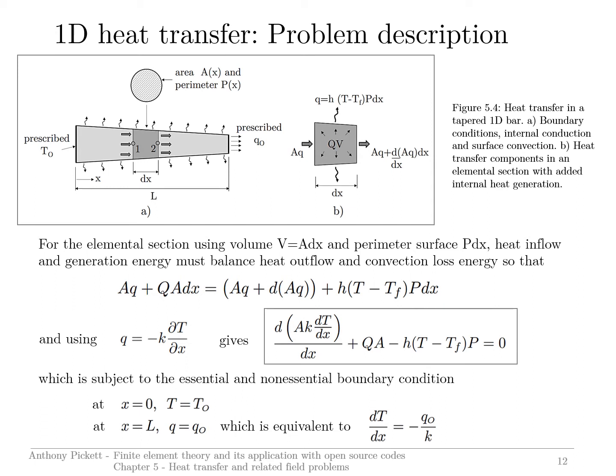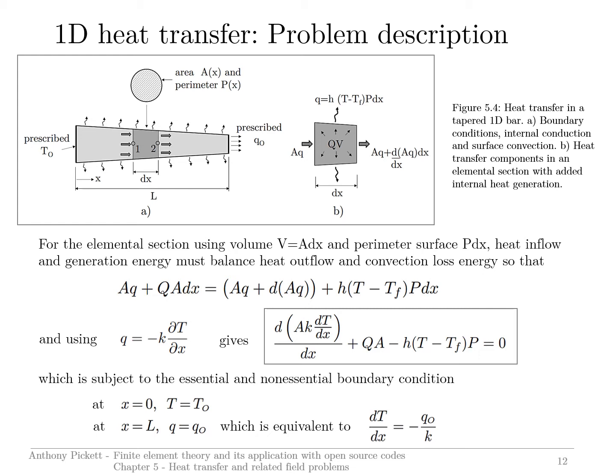So to do this, I'm just going to use a 1D problem. I've showed a tapered bar there. It has a prescribed boundary condition at the start, overall length L. We have a prescribed boundary condition, some heat flux at the right-hand end.